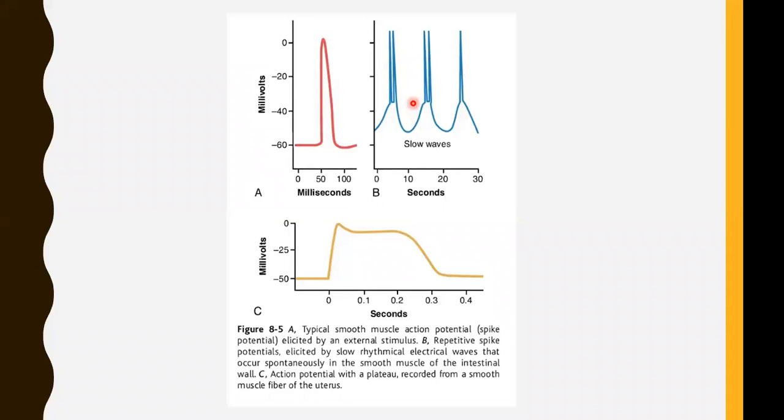The same mechanism applies: the action potential is transmitted along the membrane and then causes the contraction. The topic is membrane potential and action potential in the smooth muscle fiber.